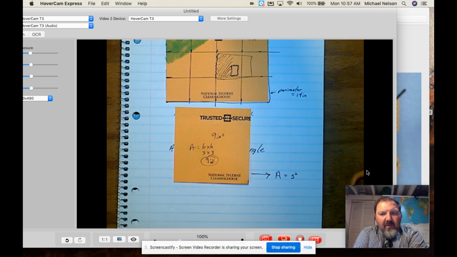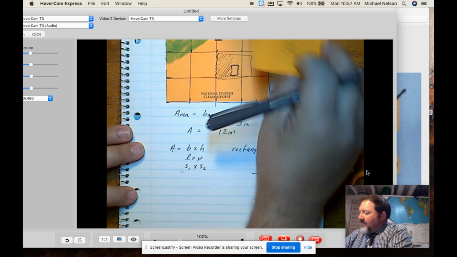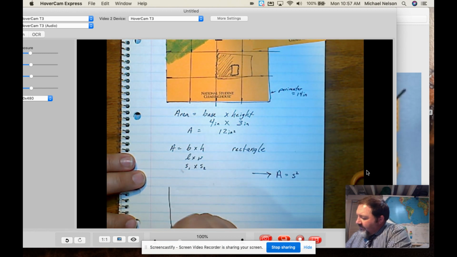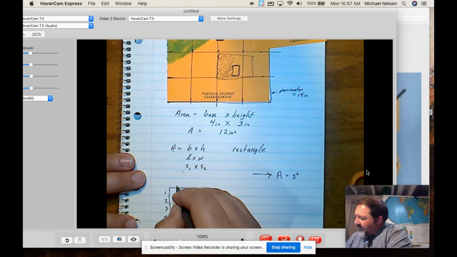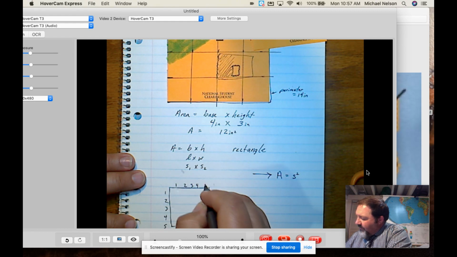When we talk about square numbers, 3 times 3, 4 times 4, if you set up just a regular multiplication chart, let's do one of those real quick. So I have 1, 2, 3, 4, 5, and I have 1, 2, 3, 4, 5.